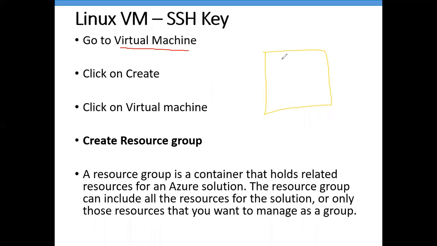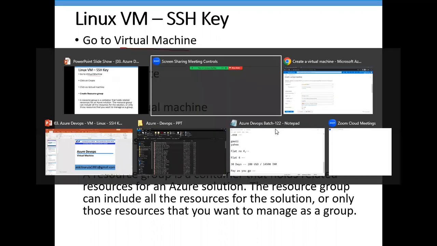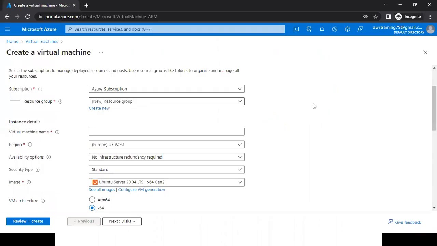What are resources? Like virtual network, virtual machines, IP addresses, storage account, whatever we need to create in Azure. It is mandatory to have a resource group, because under my resource group I'm going to keep everything which we are going to create. So to create a virtual machine, the prerequisite is a resource group.